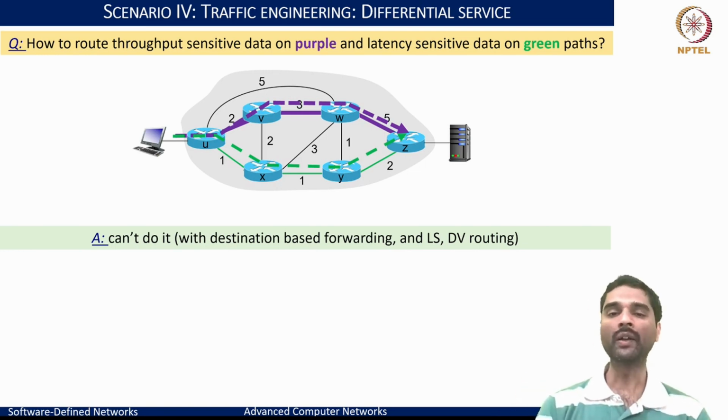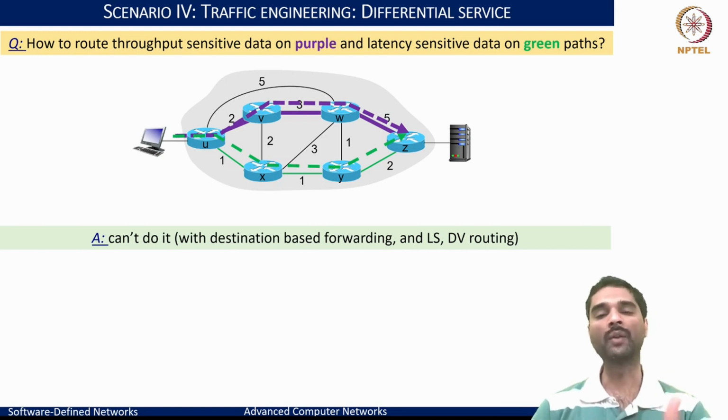unless we augment and add additional mechanisms into each of the routers, so that when you look at the diffserv field, you ensure that you are able to take a particular route for a particular path. So you have to have backups of different paths and ensure that you are able to do that, and not just limit your routing to be based on the destination IP, which most routers end up doing.